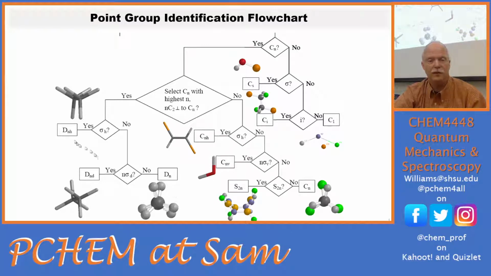And so that's where you have D3h for ethane eclipsed, D3d for staggered, and if they're just off a little bit, it's just D3. So those are examples of the D groups. And so again, just work with that flowchart. And now we'll see why we want to know the point group of the molecule.